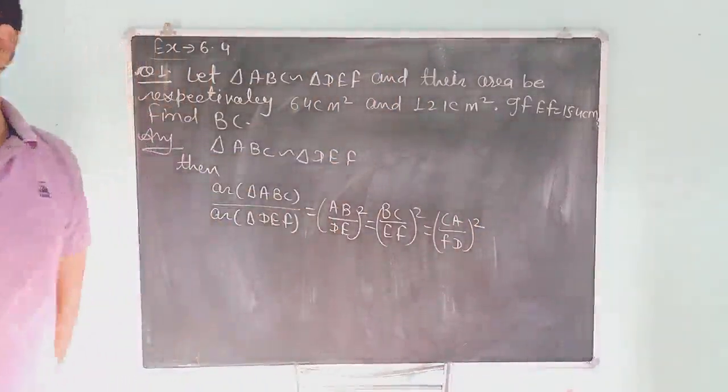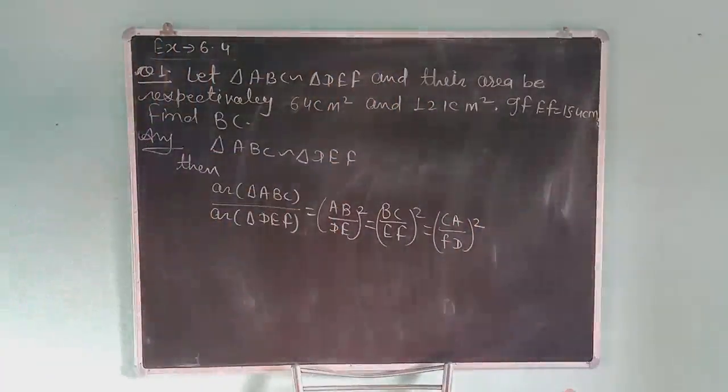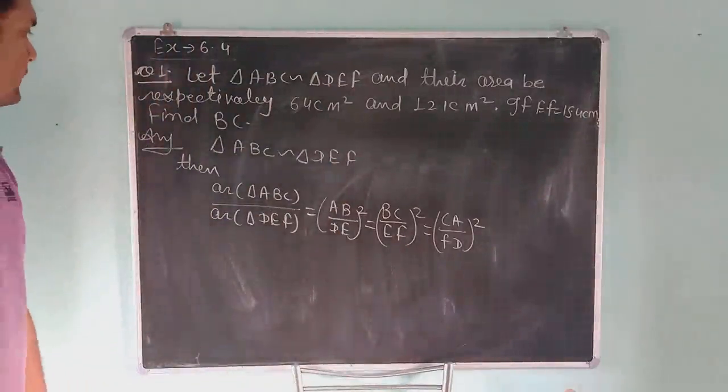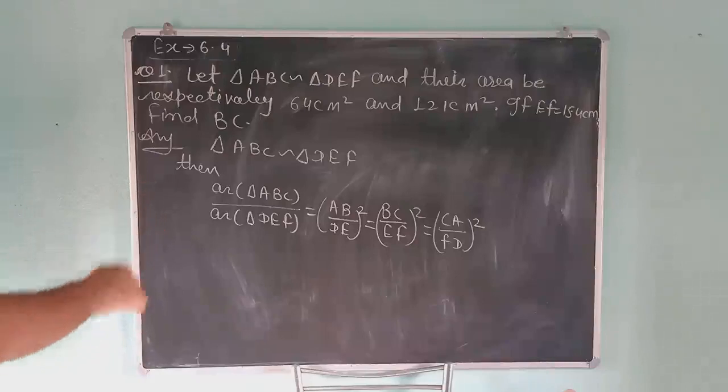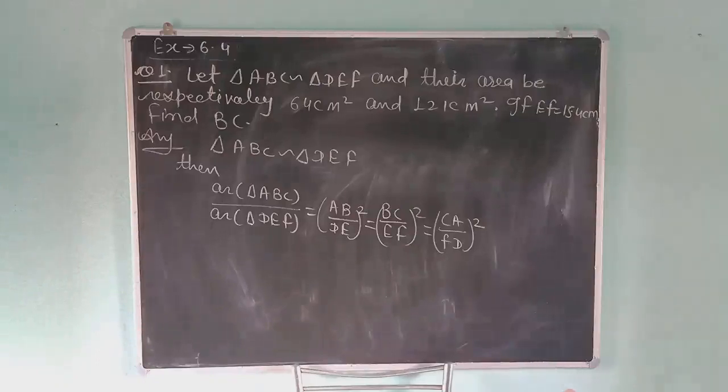According to that theorem, the ratio of areas of two similar triangles is equal to the square of their side ratio.